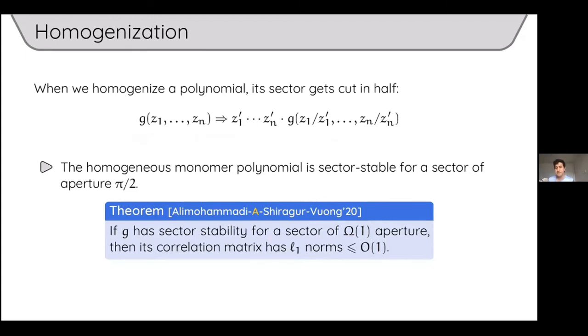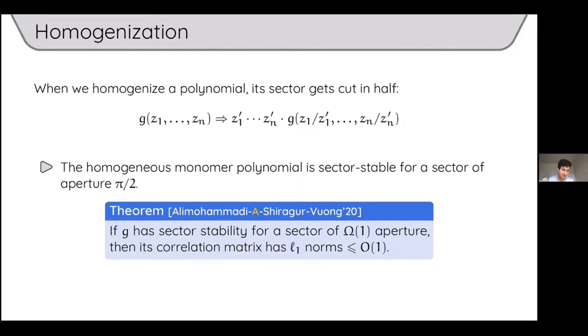Okay, and more concretely, that corresponds to this type of operation on the polynomial. So if you start with a sector stable polynomial and you homogenize like this, you still get a sector stable polynomial, but with a sector that's roughly half the size, or half the aperture. And that's because if you now choose all of the zi's and zi primes from a sector that has aperture pi over 2, then their ratios would be in the right half plane, and now your polynomial won't be 0. Okay, but you do get half the sector.